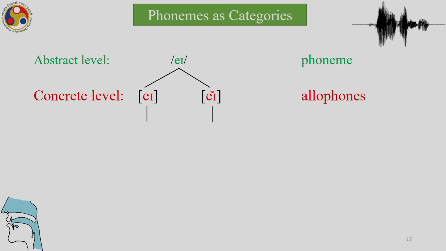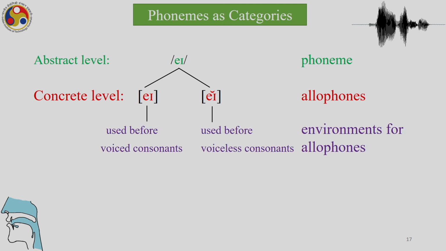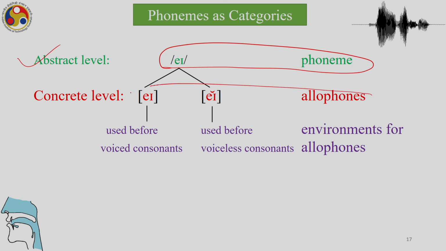At the concrete level, we have two A's which are allophones, and A is used before voiced consonants and the longer A is used before voiceless consonants. So this one at the abstract level is the phoneme, this one at the concrete level is the allophone, and this is a particular context.